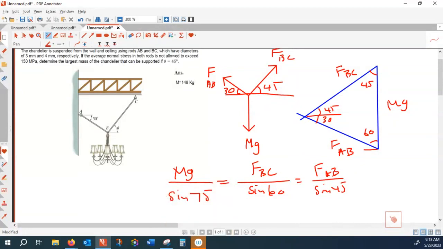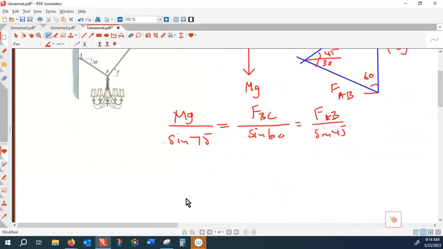From these two equations, easily the forces can be calculated. But these forces are calculated in terms of the mass. Mass, we don't know what is the maximum mass of the chandelier. That's the final thing we want to find.